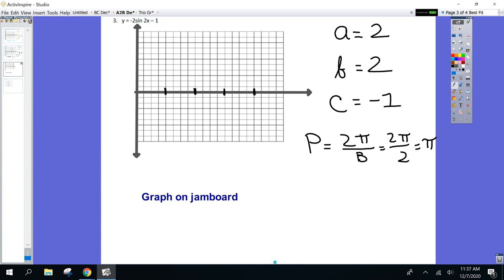So we can do key values. All right, key values now. This is what I was just talking to Ella about. Sometimes it gets tough. It's just not as easy as going by 2s or adding pi every time. Sometimes the key values can get a little tricky.